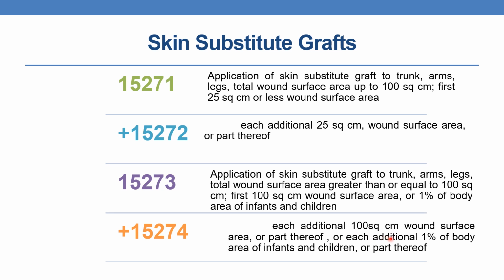And for each additional 100 square centimeters of wound surface area, or each additional 1% of body area of infants and children, you need to use the add-on code 15274 in conjunction with 15273. These are codes for skin substitute grafts.